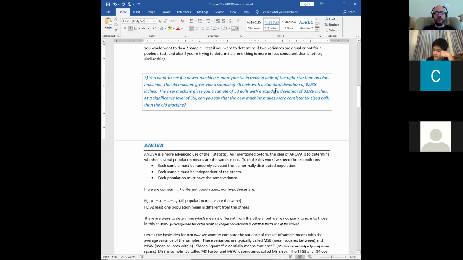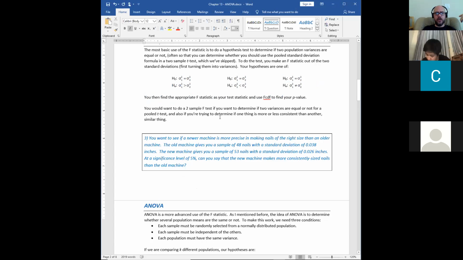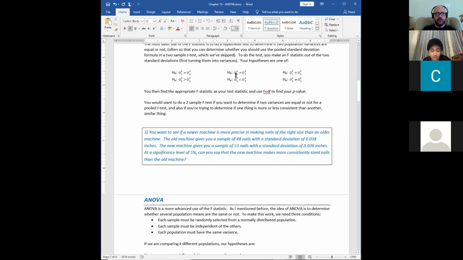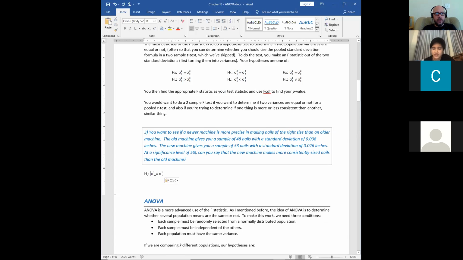So first I want to write hypotheses. My null hypothesis is that sigma squared 1 equals sigma squared 2, that the variances are equal.